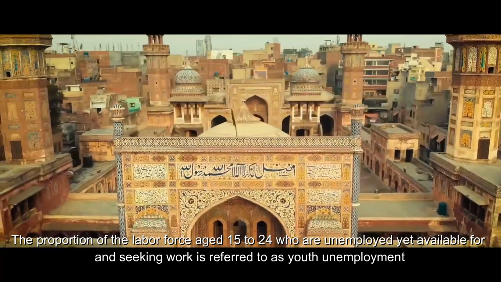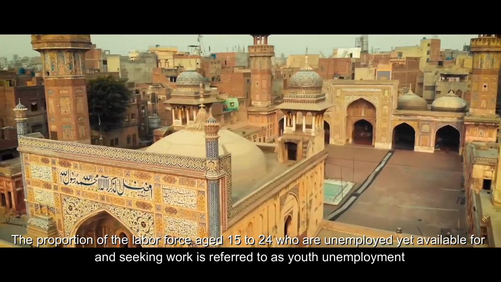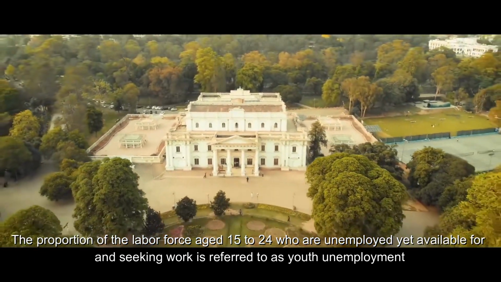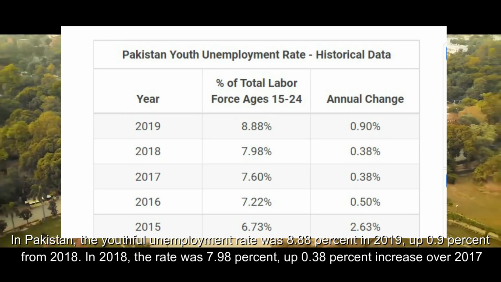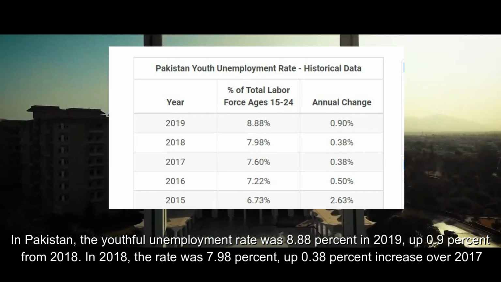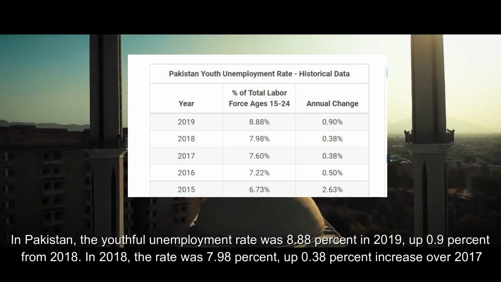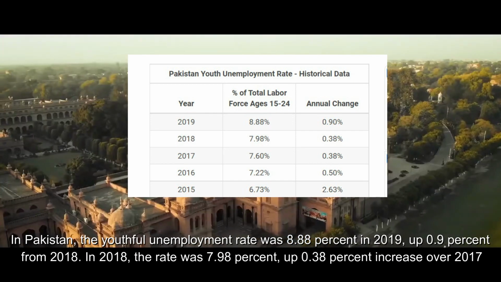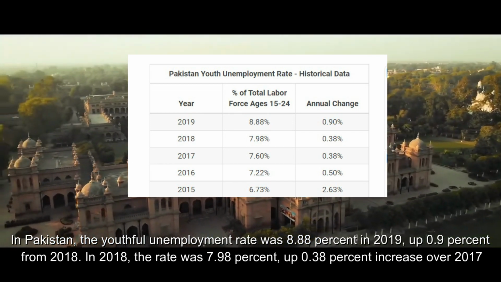The proportion of the labor force aged 15 to 24 who are unemployed yet available for and seeking work is referred to as youth unemployment. In Pakistan, the youth unemployment rate was 8.88% in 2019, up 0.9% from 2018. In 2018, the rate was 7.98%, a 0.38% increase over 2017.